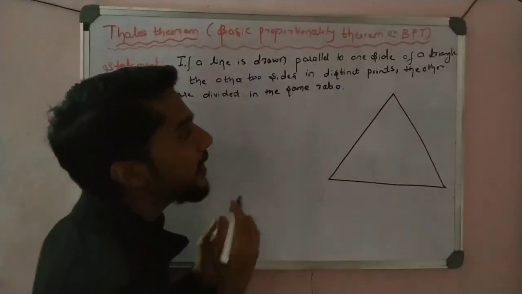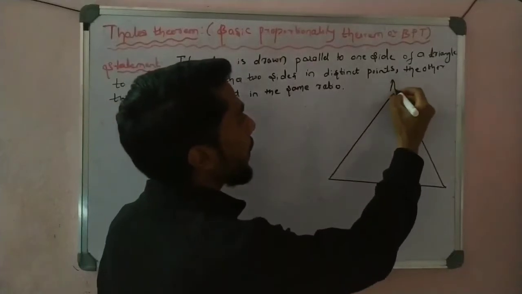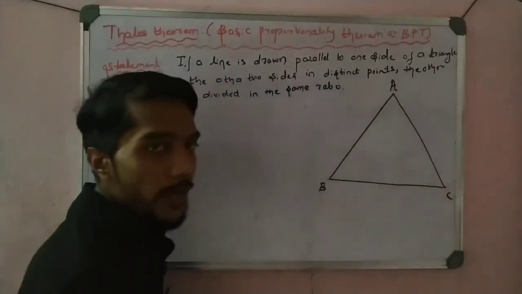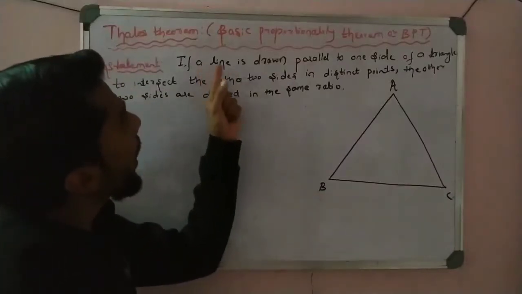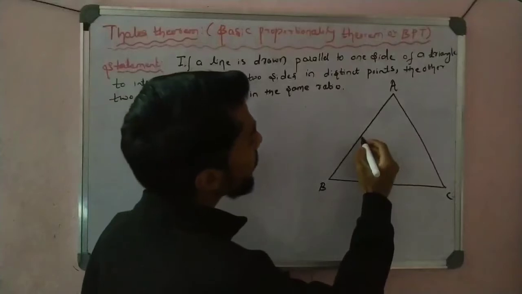So now this is a triangle and I name the triangle ABC, with A, B and C. So these are the 3 sides of a triangle. He says that if a line is drawn parallel to one side of a triangle, I draw it here.